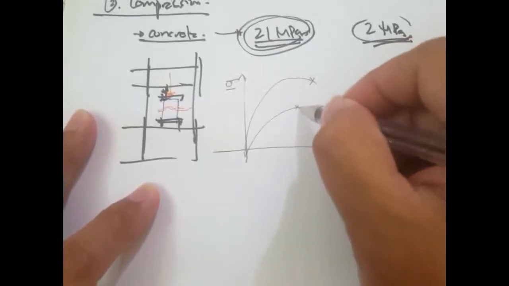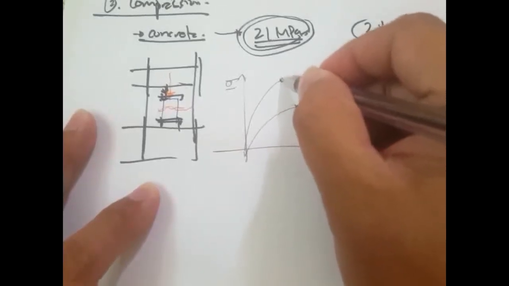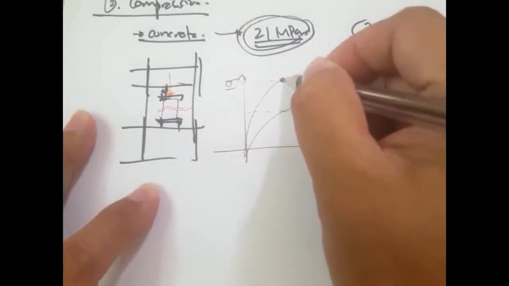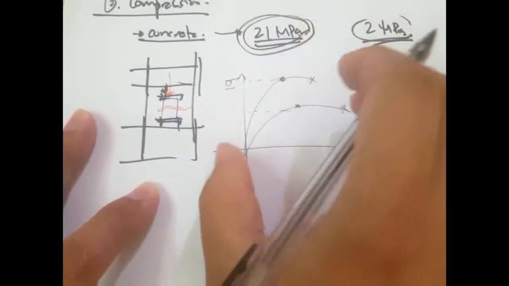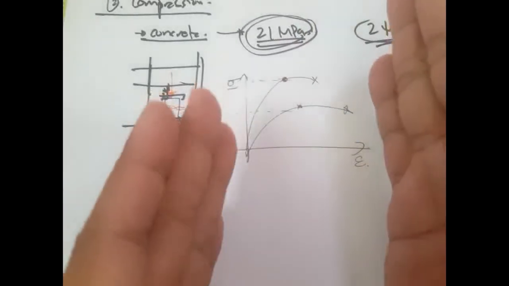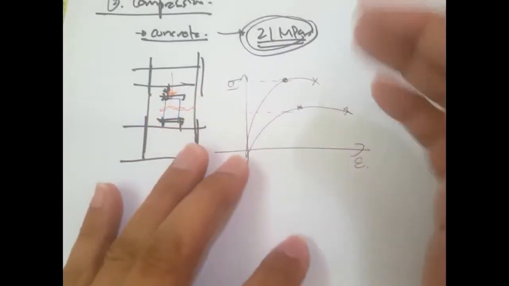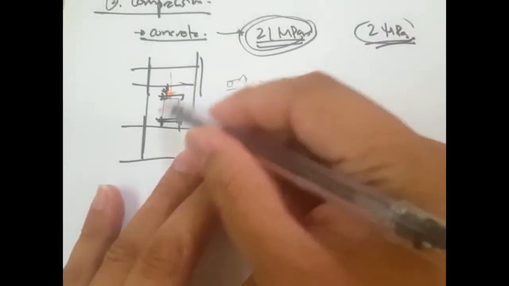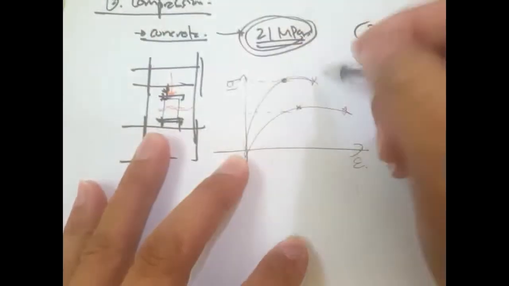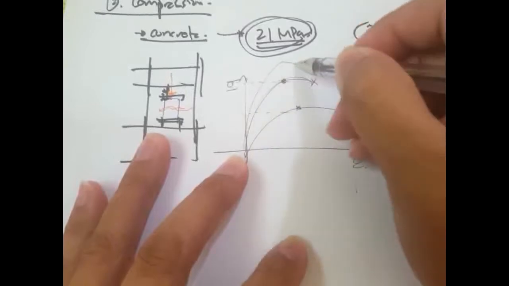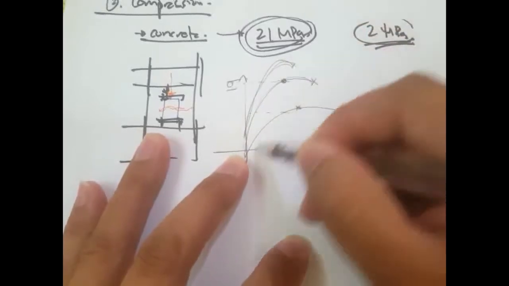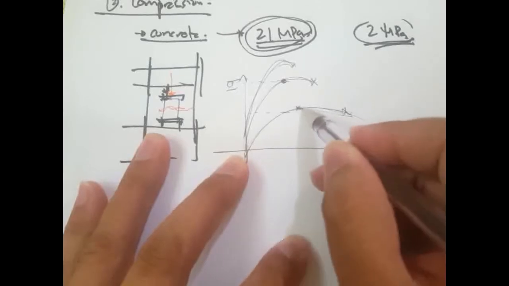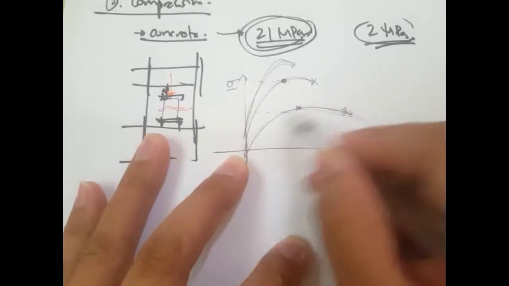There's also something like a maximum compressive strength in this graph. We can also interpret this that depending on the grades of concrete, if you have a higher grade, then you have higher strength, so probably something like this. But if you have a lower grade concrete, then you have this curve.